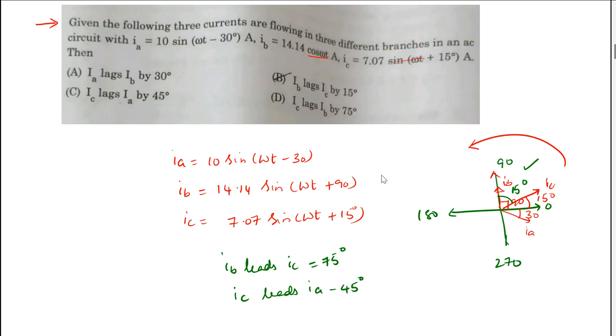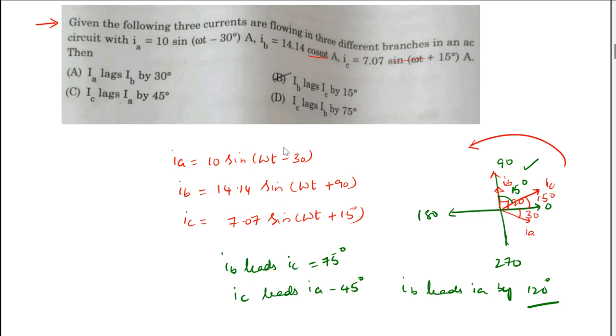So let me check here. Now, similarly, IB leads IA by how much? 90 plus 30, 120 degrees here. I'll repeat the question here. So IB is here, IC is here, IA is here. So IB is leading IC. IB leads IC by how much? 75 degrees. Next one, IC leads IA by 45 degrees.